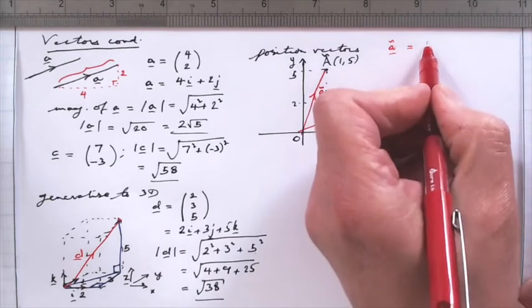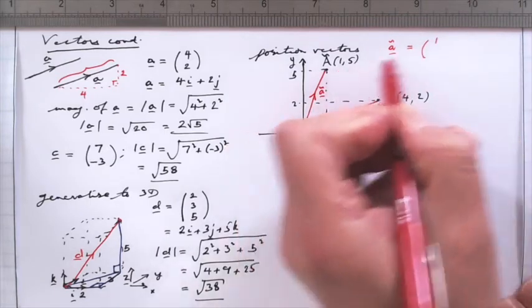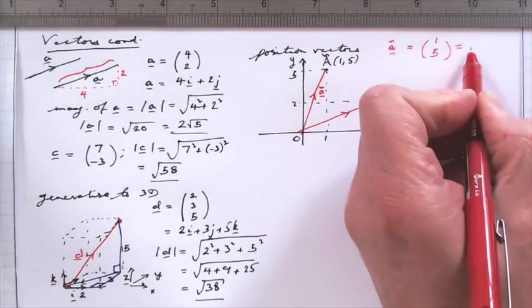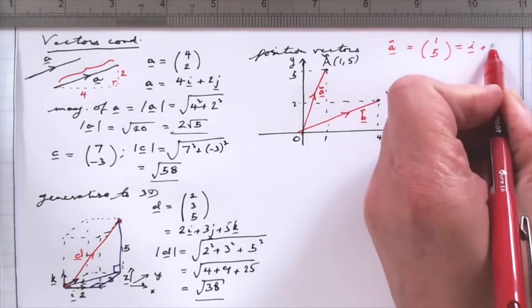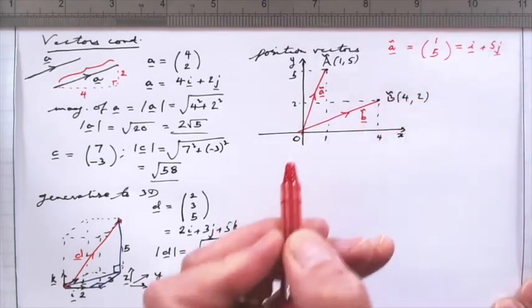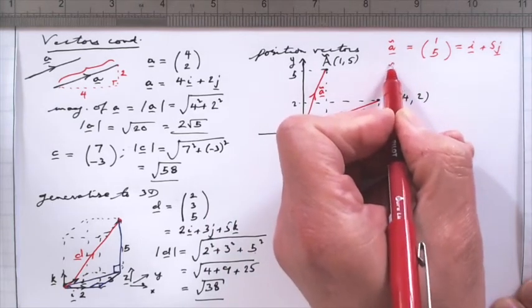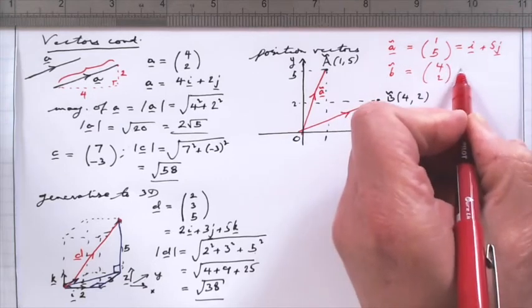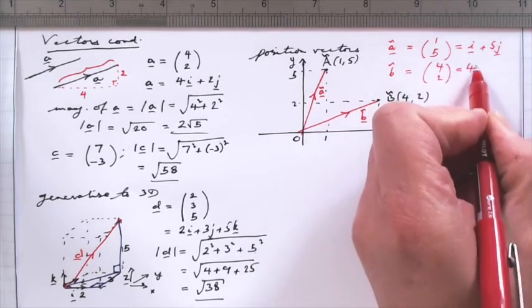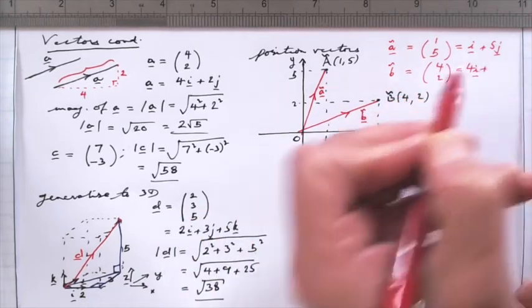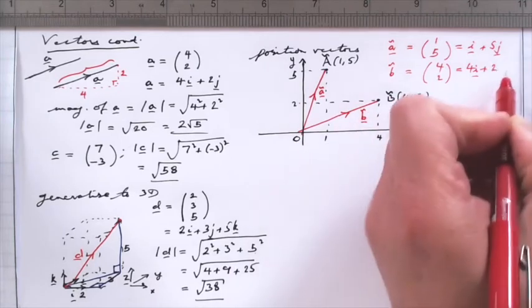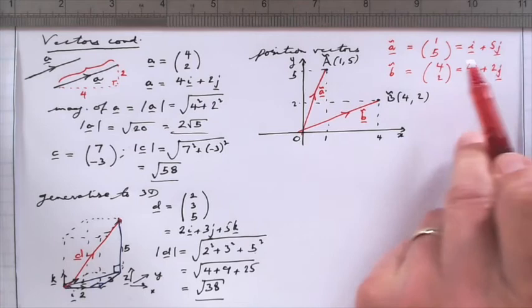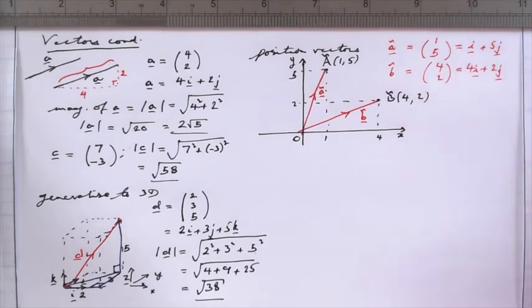So I could write that as (1, 5), or alternatively as i plus 5j, and this vector B tilde I can write as (4, 2), or as 4i plus 2j. I'm just using the 2 different notations for components to give you helpful practice.